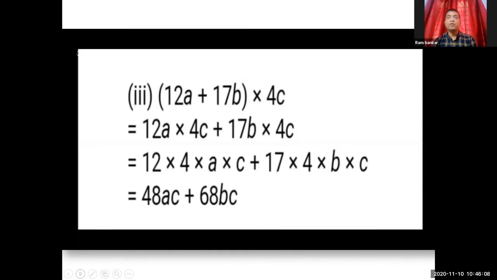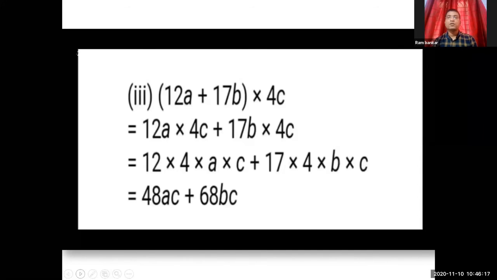So you should have the knowledge of tables till 20 or till 30. Every student should learn the tables. Okay, 12 4s are 48. So a into c, how much? We have written as it is a into c. These are the unlike variables. So we have written as it is ac. 48 ac is the answer.